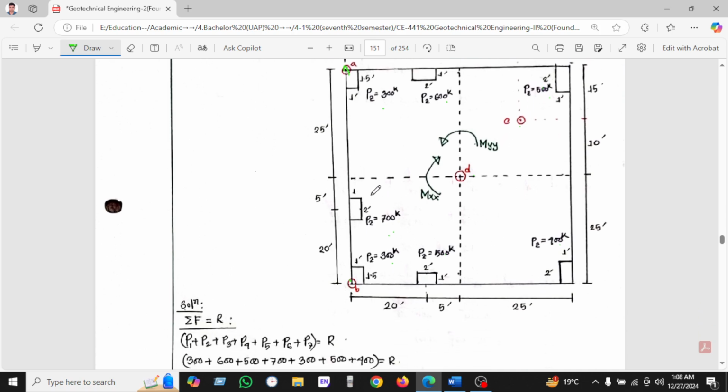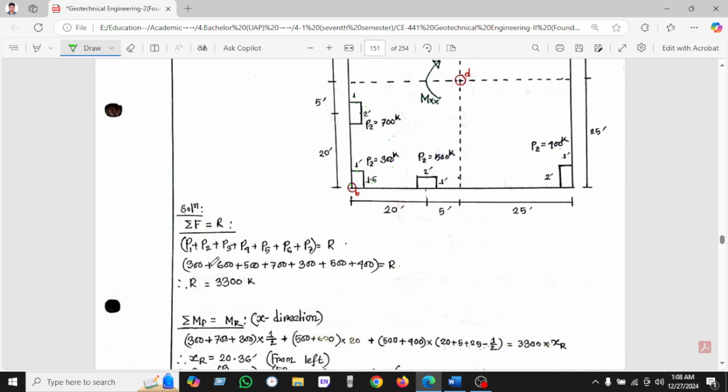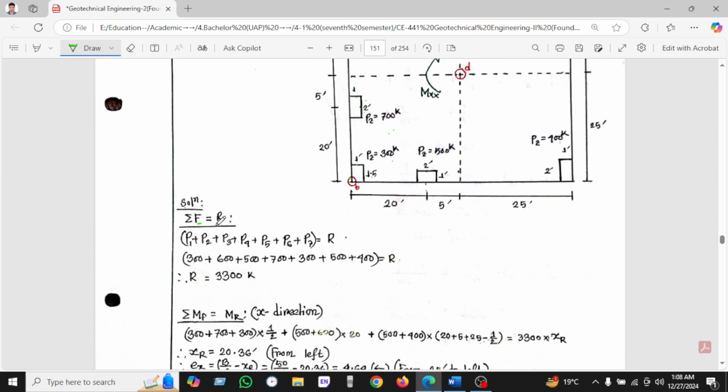And the column dimensions are different: half inch, 1 inch, 1.5 inch, 2 inch, 1 feet, 1 feet, 1 feet, 1.5 feet, 1 feet, 2 feet, this way. So we know the induced force equals the resisting force.